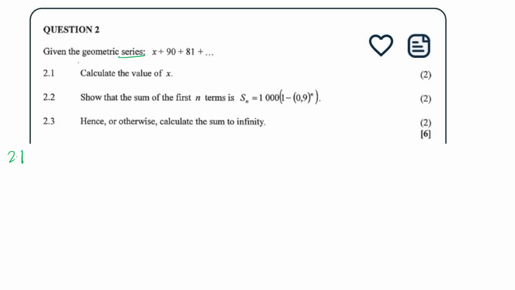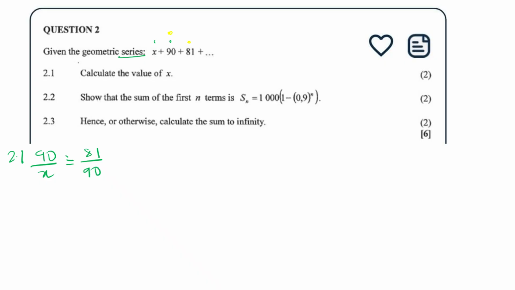You must know that T2 over T1 is equal to T3 over T2, right? You must know that. Therefore now T2, which is 90, over T1, which is x, is equal to T3, which is 81, over T2, which is 90, right?